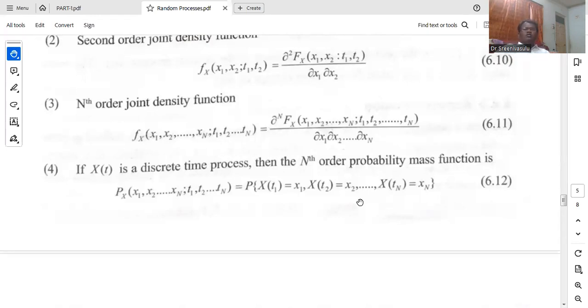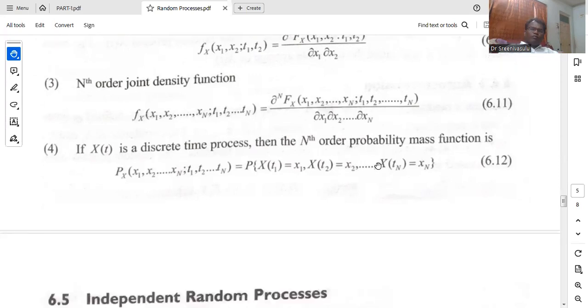These are the joint density functions of nth order, obtained from the distribution function by applying the derivative n times. That is the relation between the density function and the distribution function.